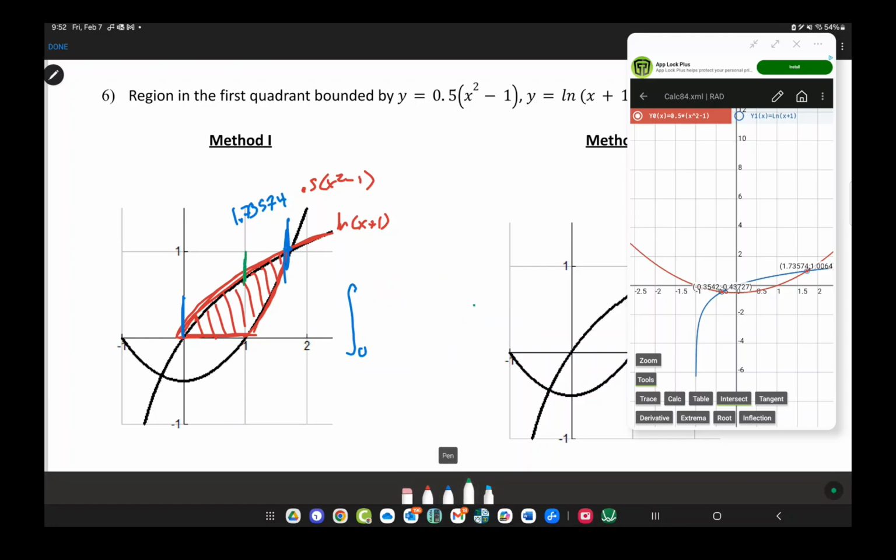One where my functions are the natural log of x plus one and 0, so from 0 to 1, because that's where those x values are, of just the natural log of x plus 1. Again, you don't have to minus 0 here, because what do you get when you minus 0? Nothing.